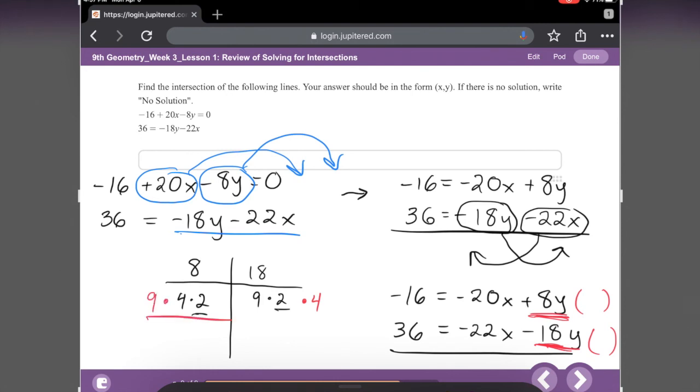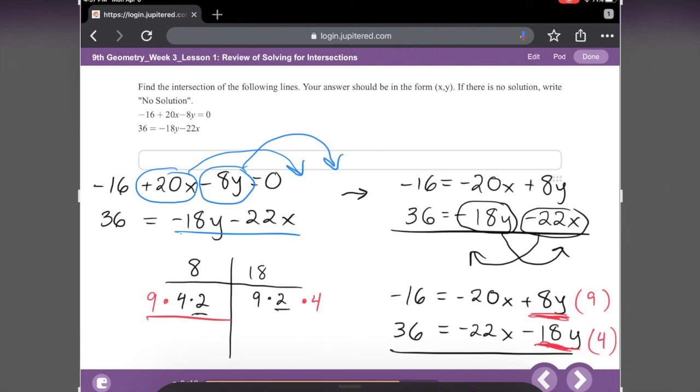Okay, so now look at it. 9 times 4 times 2 should be the same number as 9 times 2 times 4, right? So the numbers in red are what I need to multiply each one by. And what is this number going to be, actually? It's going to be 72 in the end. So you'll see that I get positive 72y minus 72y. If I multiply this 8y by 9, and I multiply this negative 18y by 4.